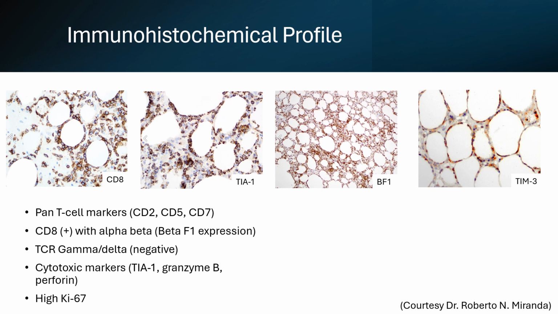Beta F1 is one of the T cell receptors, and that is either beta F1 or gamma delta, and they're usually gamma delta negative. TIM3 is another marker that is also positive and expressed in SPTCL, and Ki67 will be high.